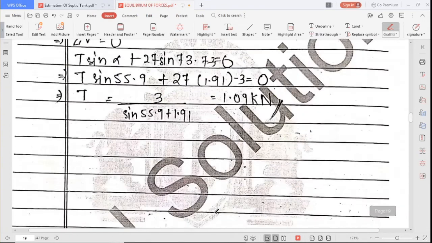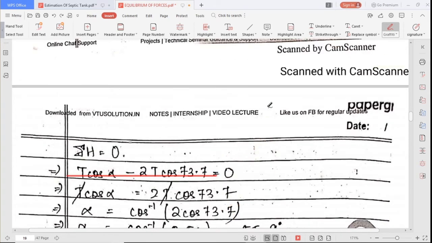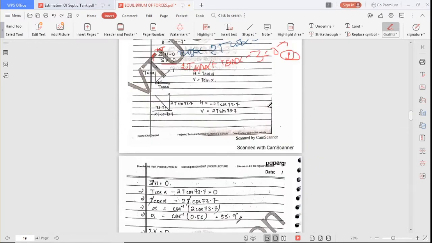You will get the T force, that is 1.09 kilonewton.